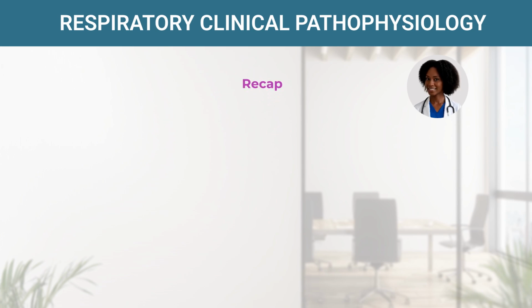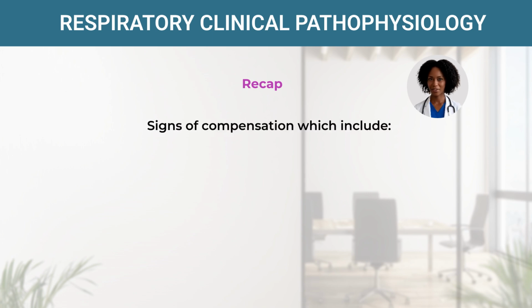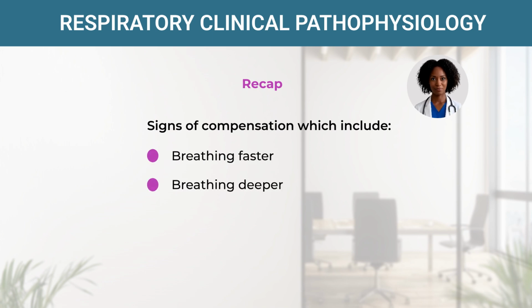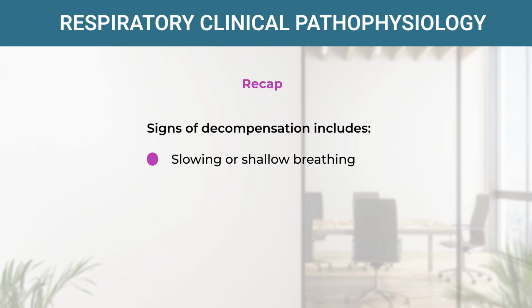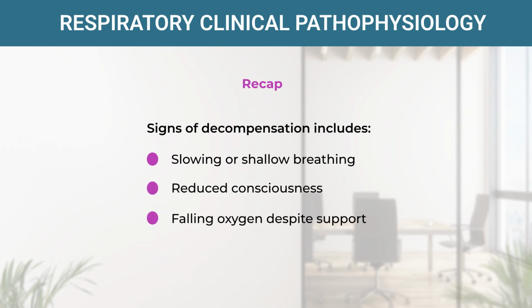In the previous lesson, we looked at signs of compensation, which includes breathing faster, breathing deeper, and using accessory muscles. We also looked at signs of decompensation, which includes slowing or shallow breathing, reduced consciousness, and falling oxygen despite support.